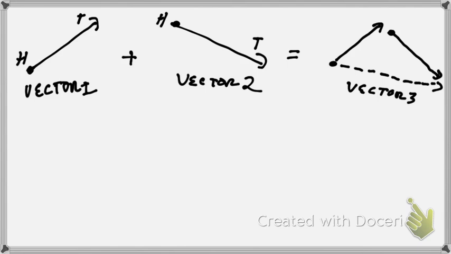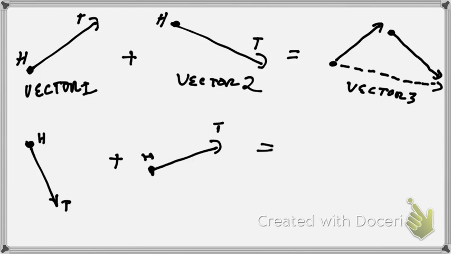Same thing. Let's look at this one. Say you have another vector. This vector looks something like this. Head to tail. And this new vector is going to also be using the same method.